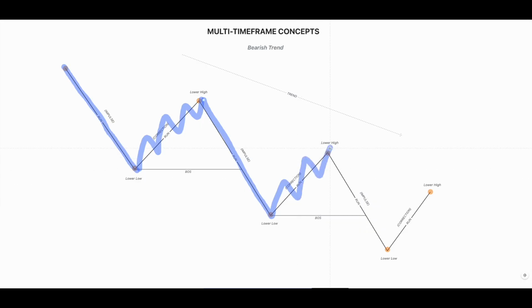And this is the natural progression of the market: impulse, correction, impulse, correction, impulse. Okay, so all of these runs collectively make up a trend.